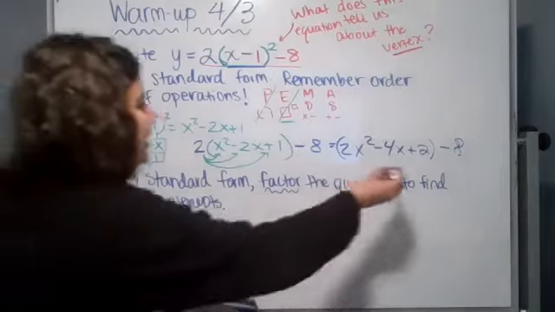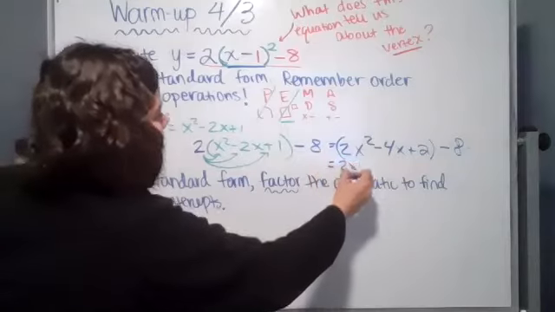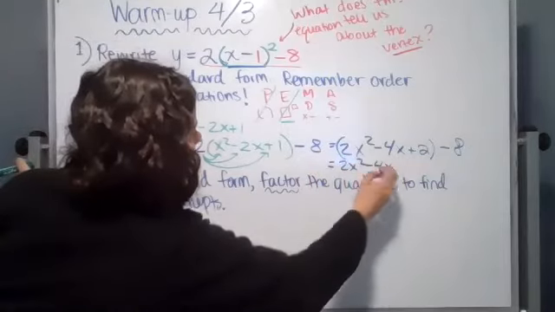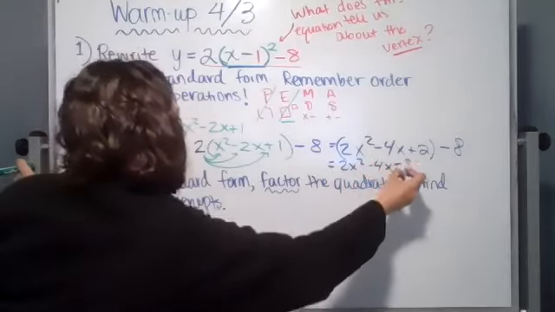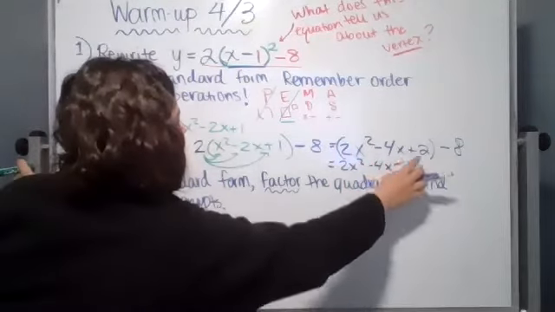And then we can combine like terms to get 2x squared minus 4x minus 8. Nope, sorry, minus 6.